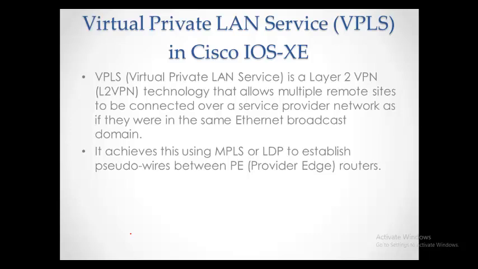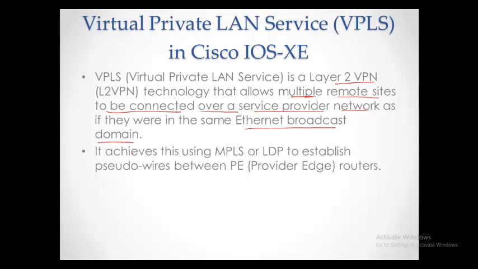Now, what is VPLS? Virtual Private LAN Service is a layer 2 VPN technology that allows multiple remote sites to be connected over a single shared service provider network. And now that service provider network will appear as an Ethernet switch or a single broadcast domain. Now, what is needed to achieve this?